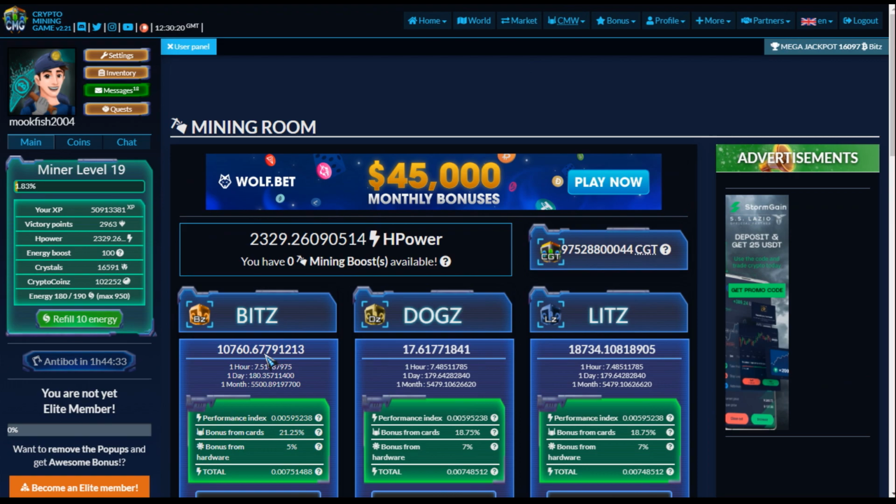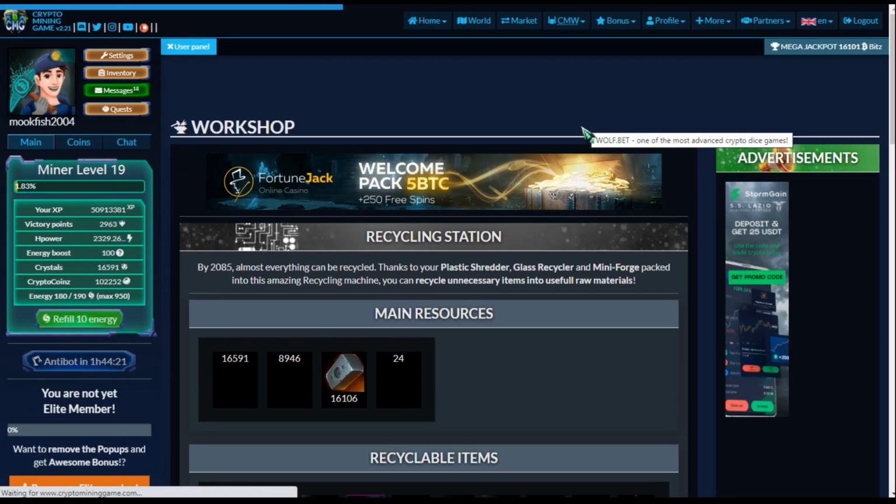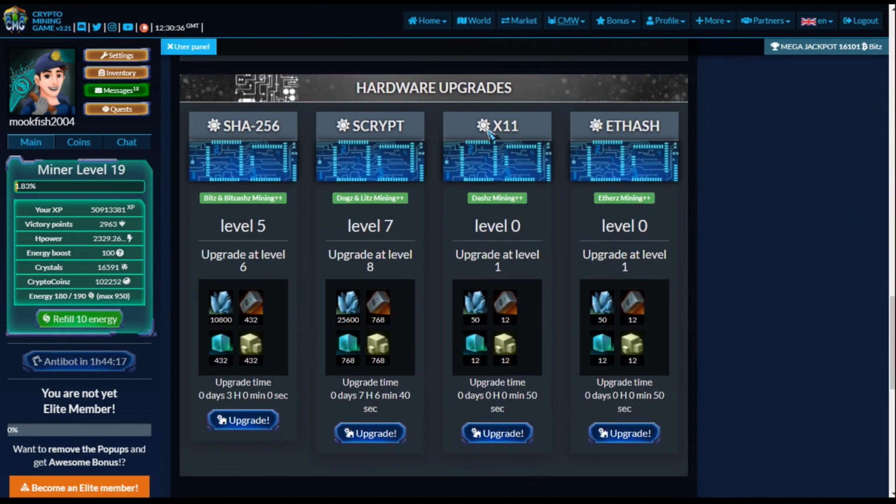So basically, one of the main reasons I elected to use lits was because if we go into the workshop, lits, the in-game version of Litecoin, uses scrypt, as we know, but also Doge uses scrypt.